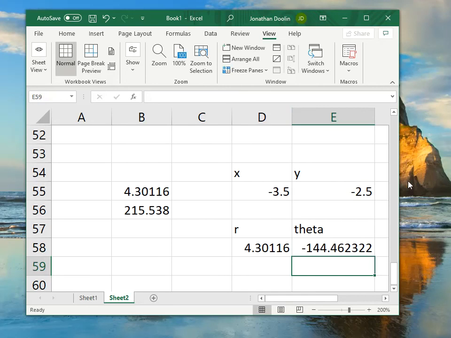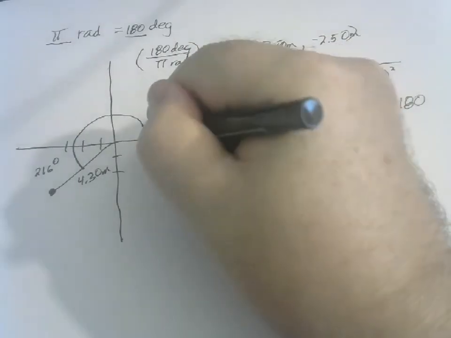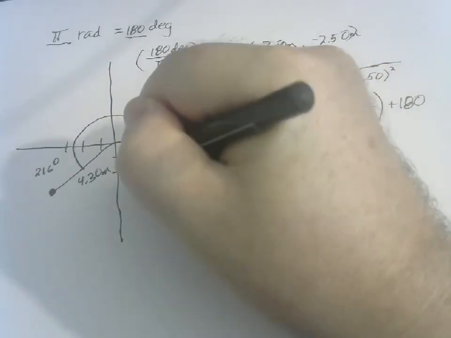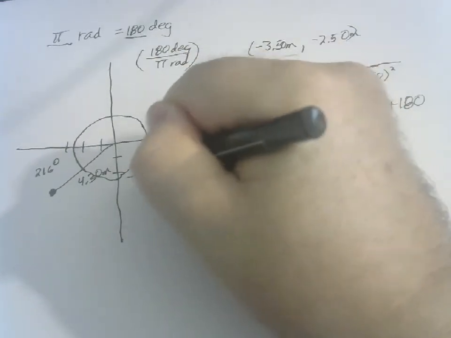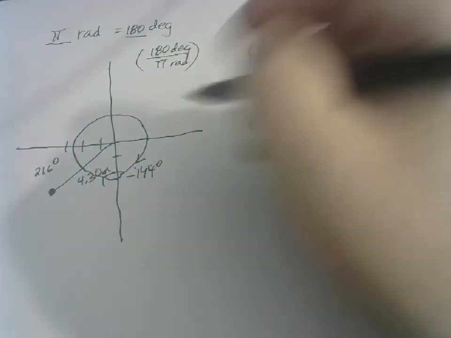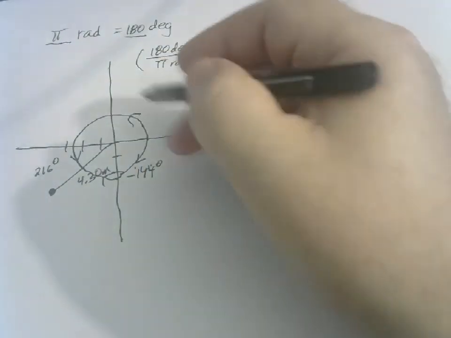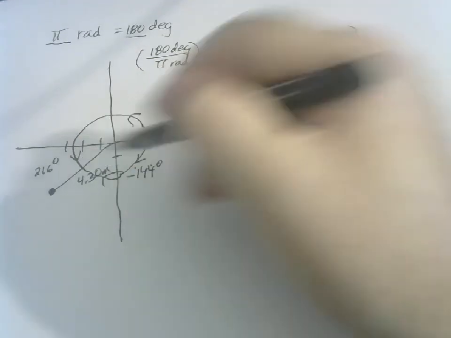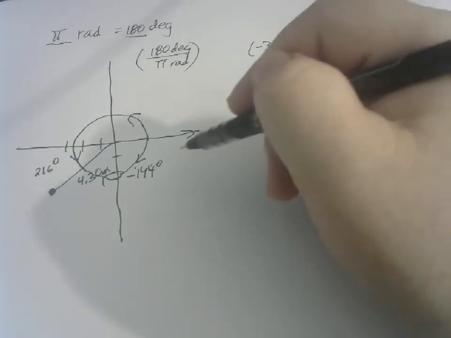It had negative 144.4 or negative 144. That negative 144 is from here. This is 90. Negative 144 degrees going this way. So it's 216 degrees counterclockwise from the positive x-axis, or negative 144.